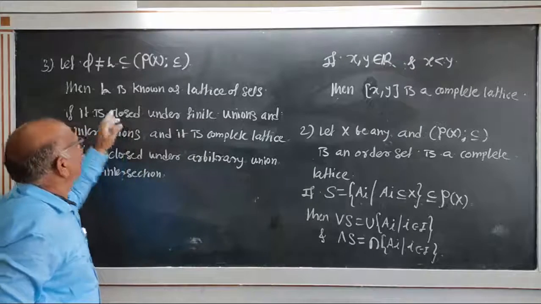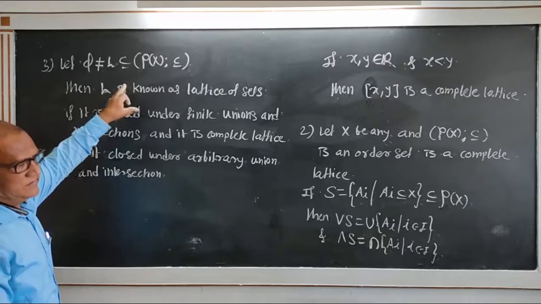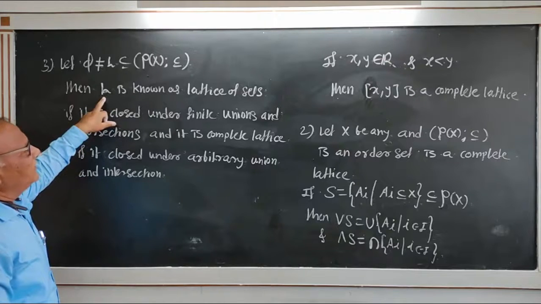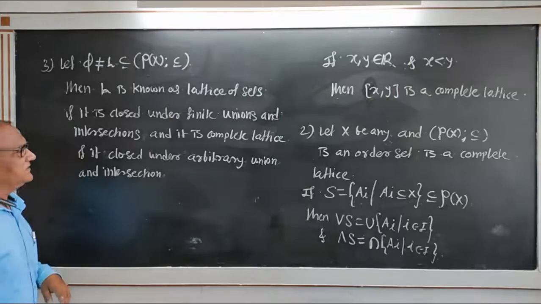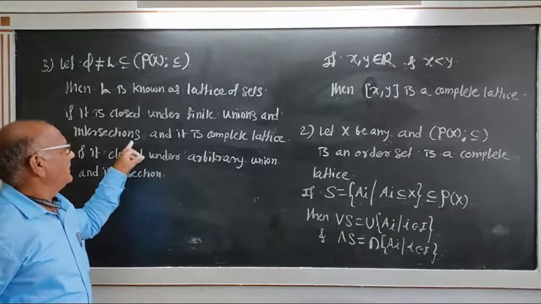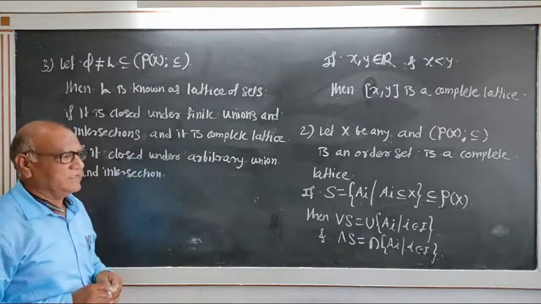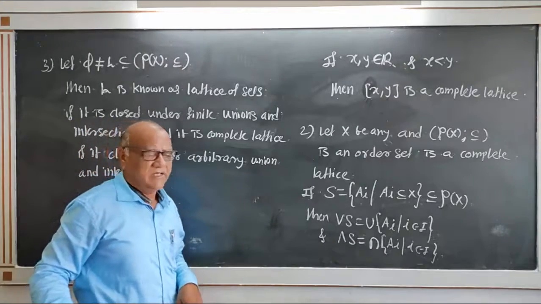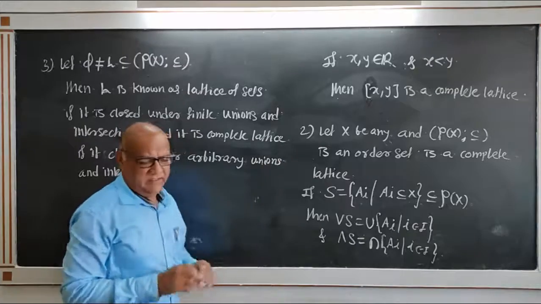Now, L is a subset of P of X, and this is known as a lattice of sets if it is closed under finite union and intersection, and it is a complete lattice if it is closed under arbitrary union and intersection.